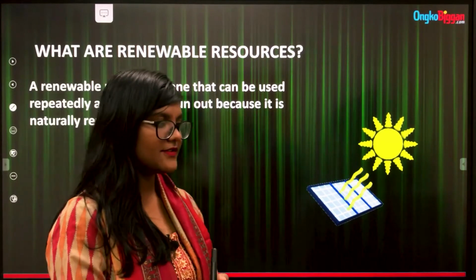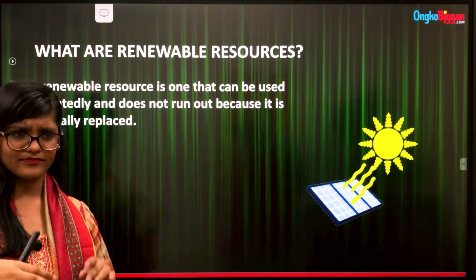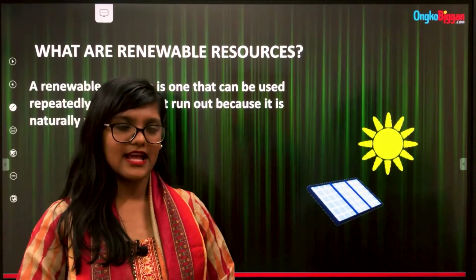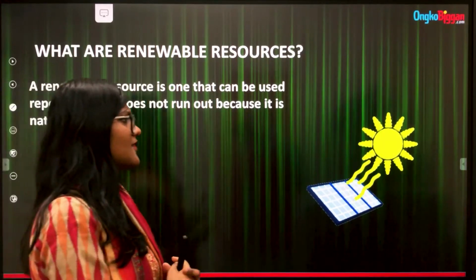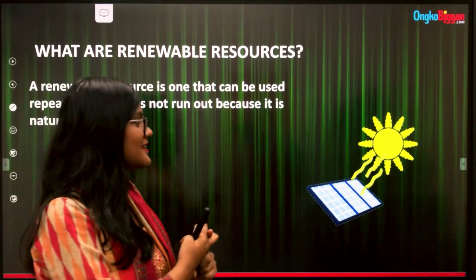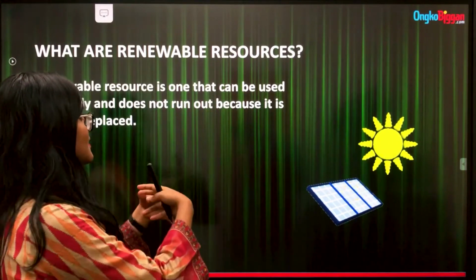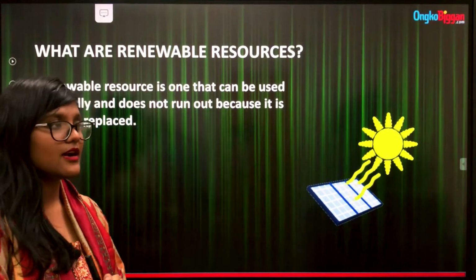We will find different types of resources in nature which can be repeatedly used, like the sun. We get the sun every day. That means every day the sun rises. So we can get the heat of the sun daily. So these are the resources which are called renewable.